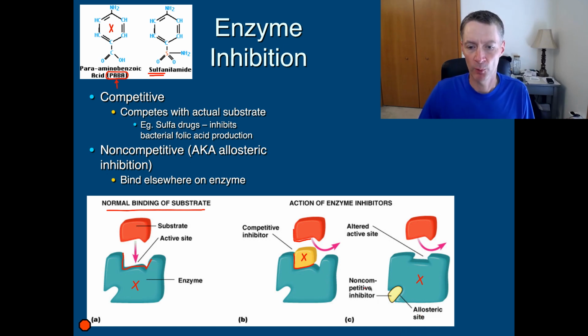However, now what we see is a non-competitive inhibitor has bound here in some other place other than the active site. What this has done is it has altered the three-dimensional shape. It's altered some of those hydrogen bonds in there, and now our shape is not going to accommodate our natural substrate. Non-competitive inhibition.